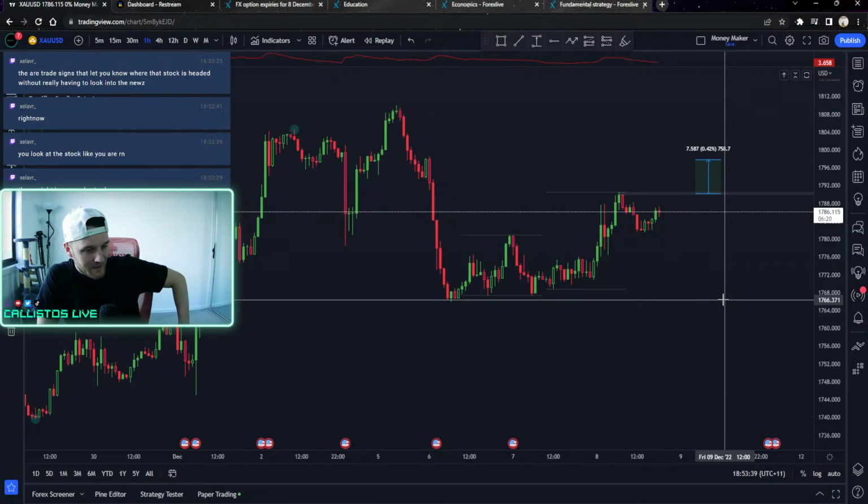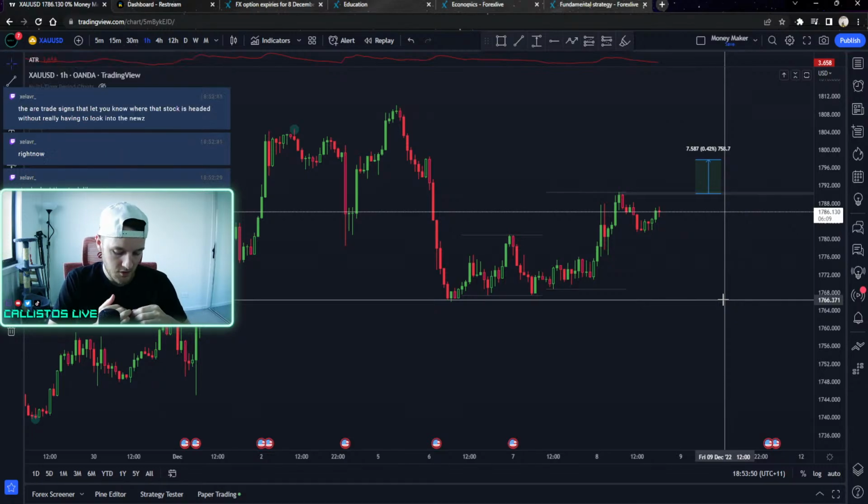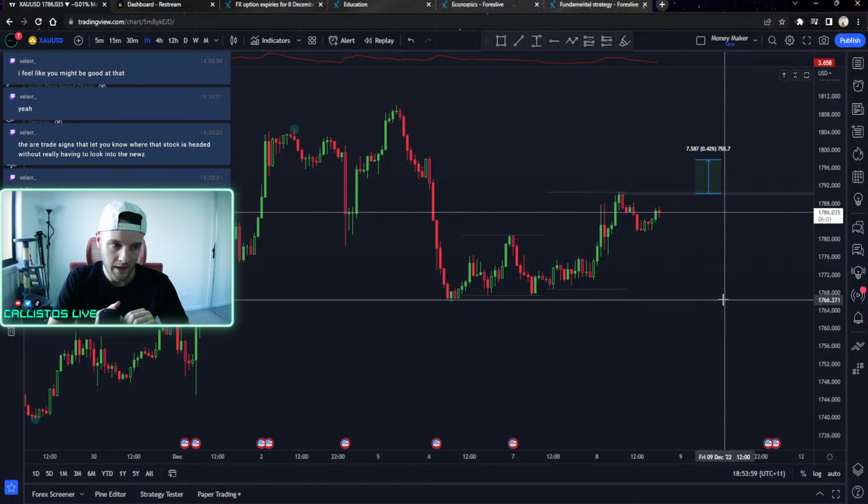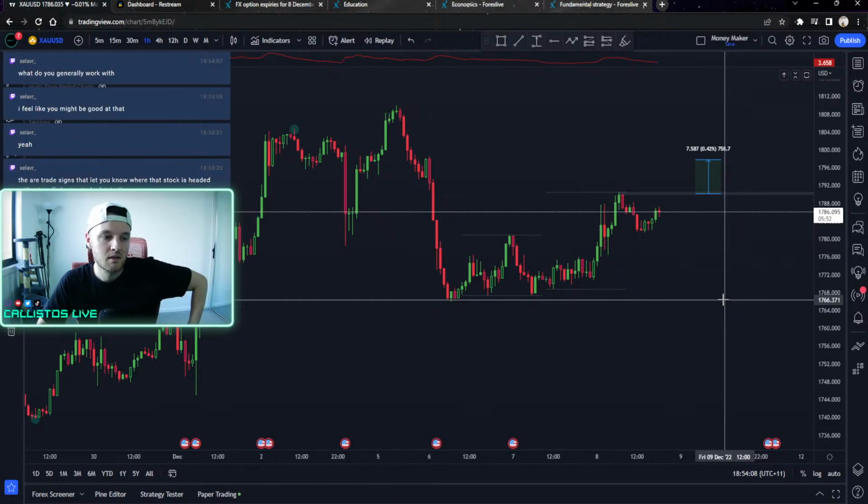Yeah, well that would be technical analysis, right? Like analyzing a chart on the way it's moving and its patterns and the candles, how they're forming and things like that. That's what I mainly trade, is technical analysis. But then also, especially with stocks, I feel like you might need to be more in tune with the fundamental side, like the economics in stocks.